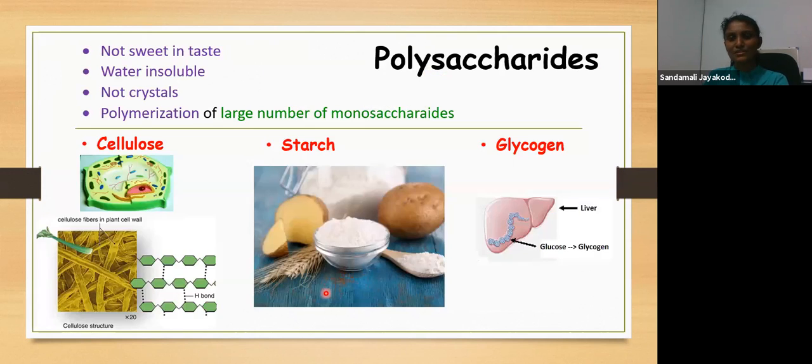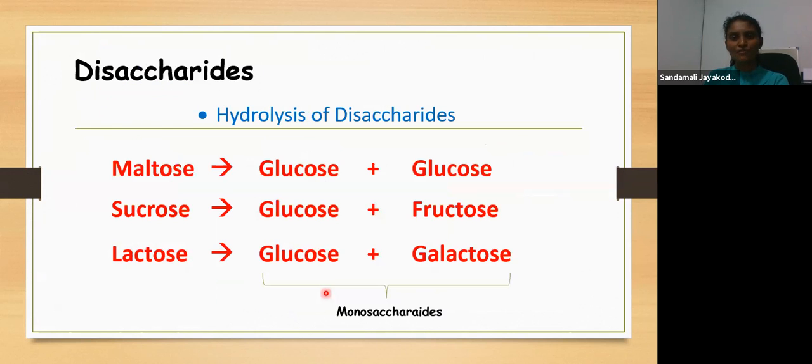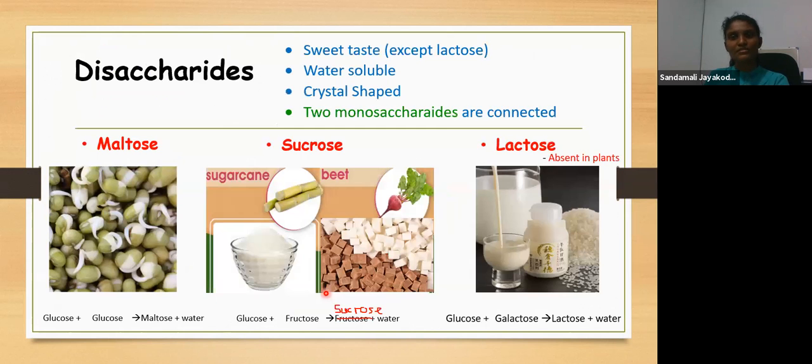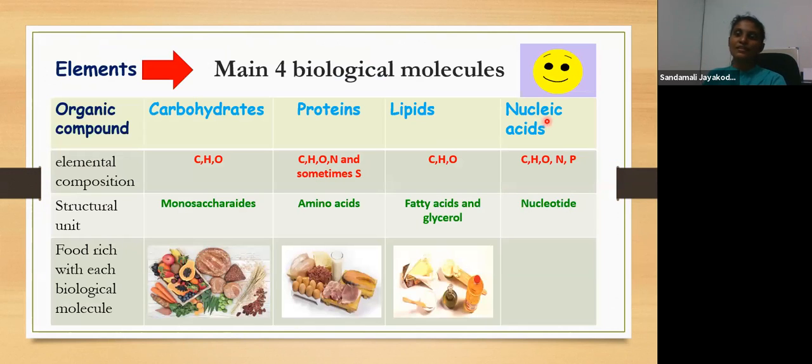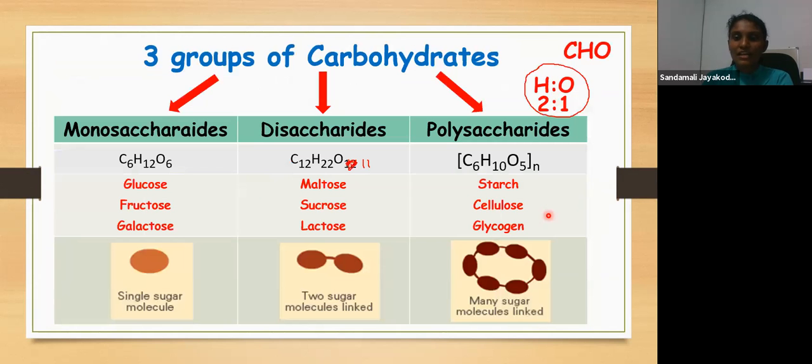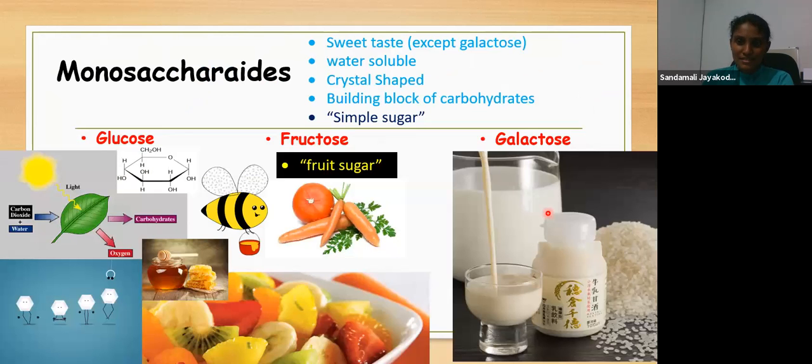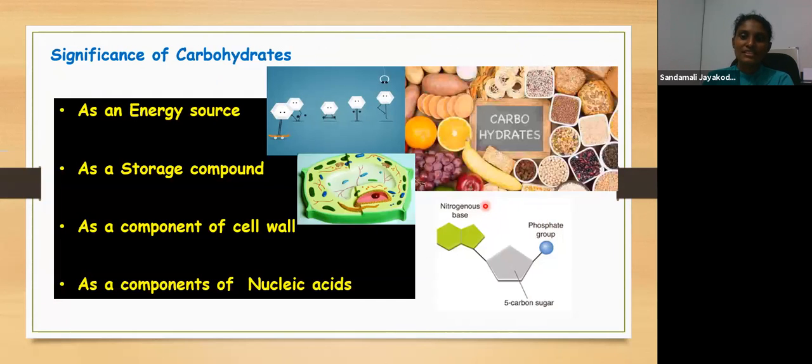and as a component of nucleic acids. I told you the fourth group of main biological molecules is the nucleic acid. To make this nucleic acid, the nucleotide participates as the structural unit. This is the structure of that nucleotide.